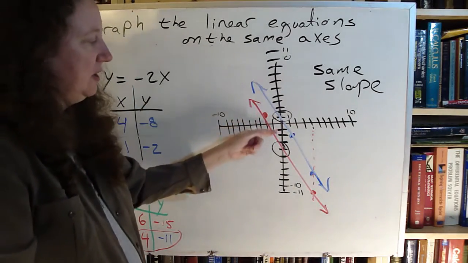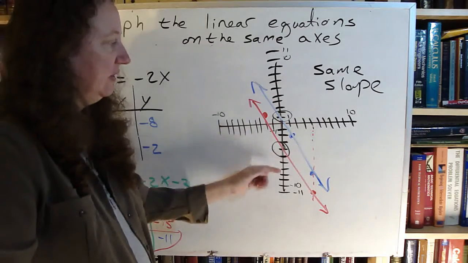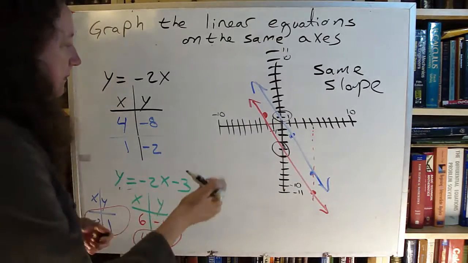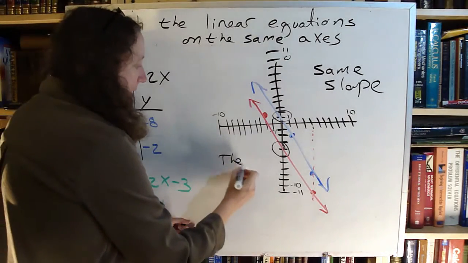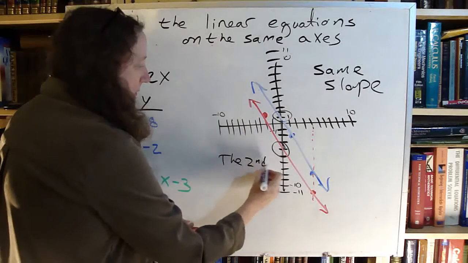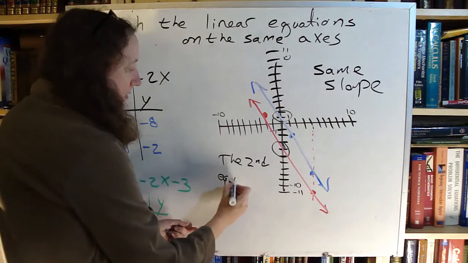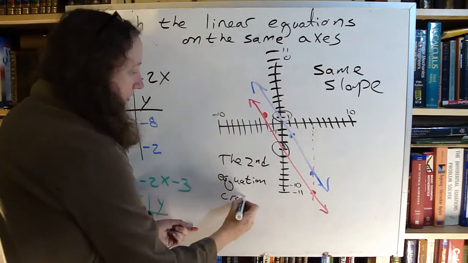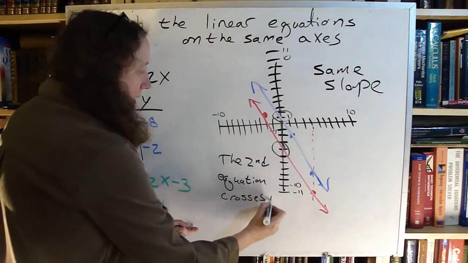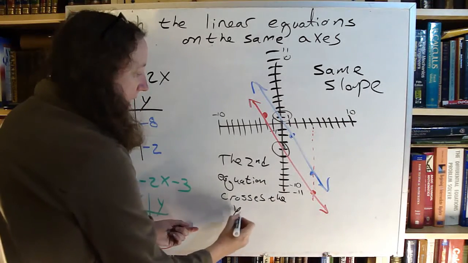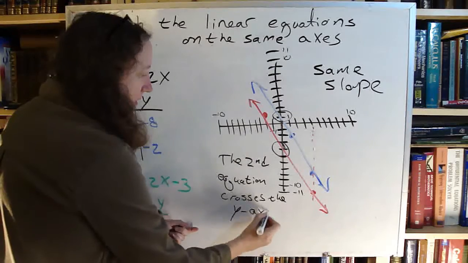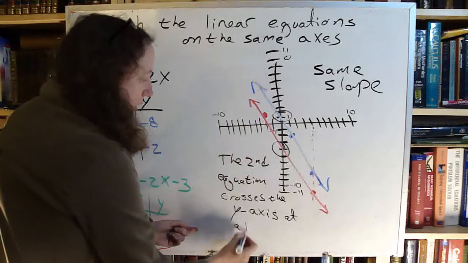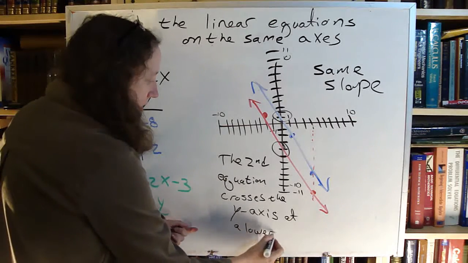The second equation is crossing the axis at a lower point than the first equation. The second equation crosses the y-axis at a lower point.